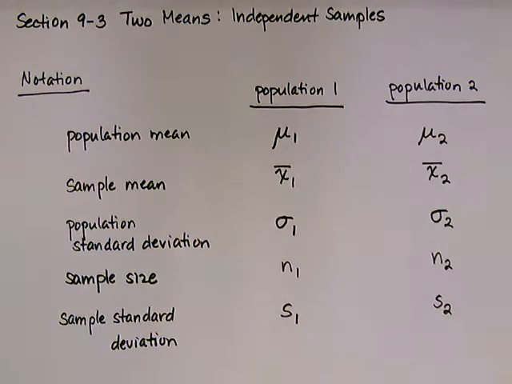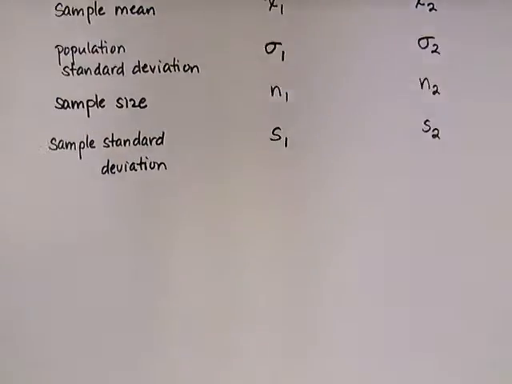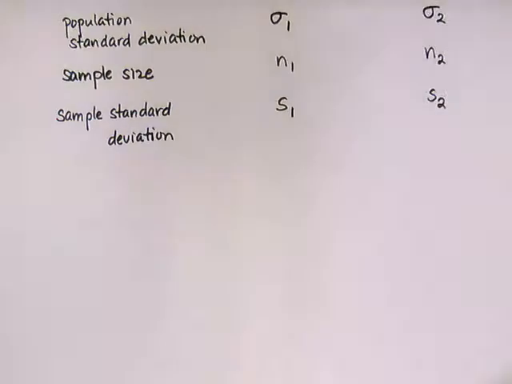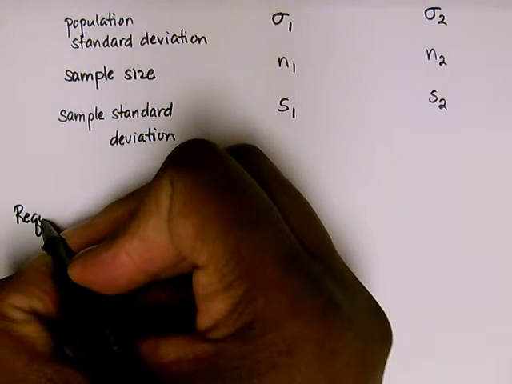Now, when we test a claim for two means with independent samples, or write a confidence interval estimate for two means where the samples are independent, there are four requirements that need to be met. Here are those requirements.